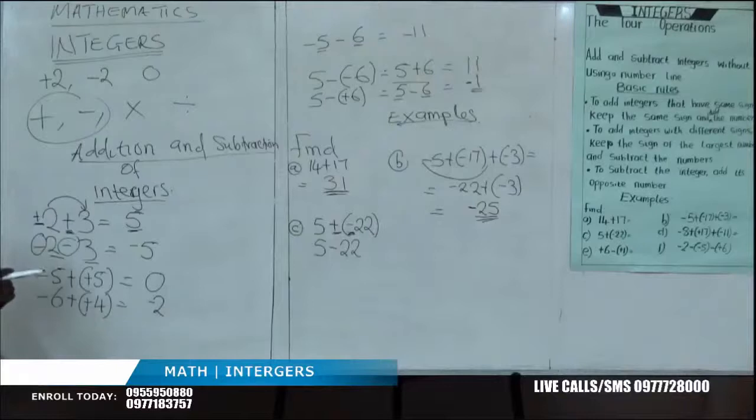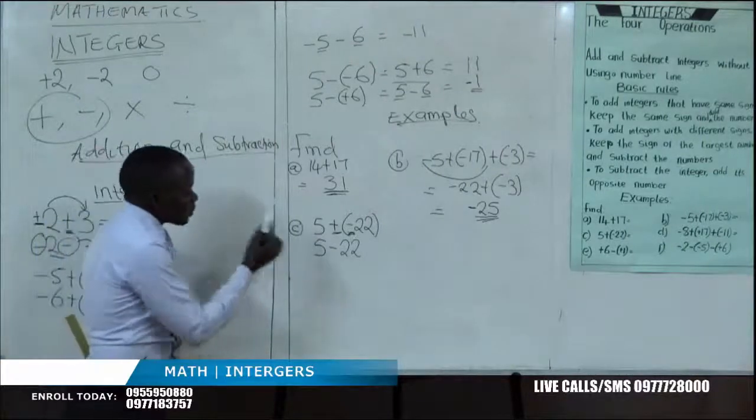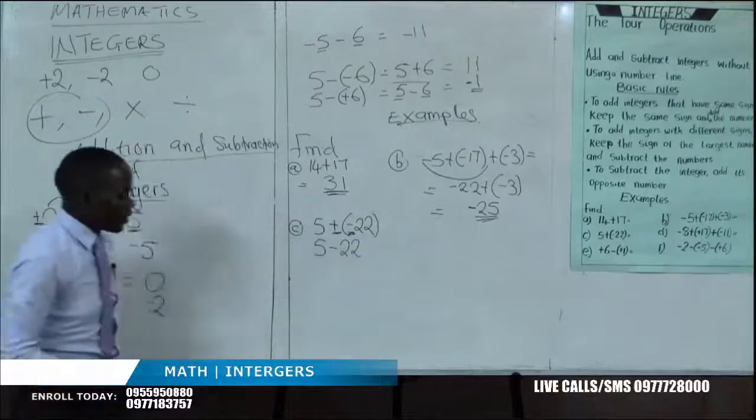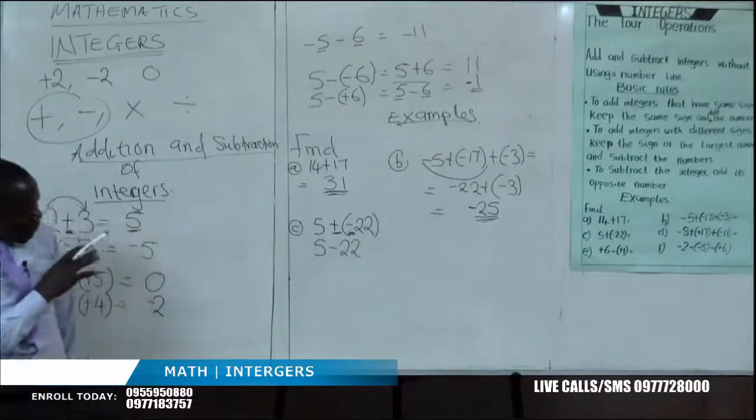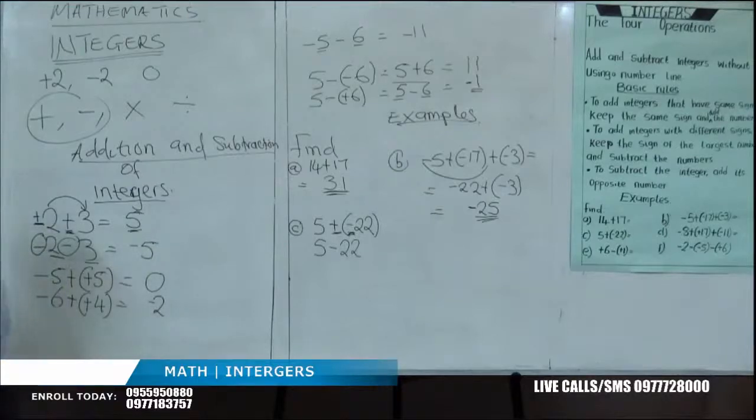After you have done that, we go back to our basic rule. Number 2, you have got two different signs there. So here is positive and you have negative there. So since you have got positive and negative there, what are you going to do? You subtract. And when you subtract, then you carry the sign of the bigger number.